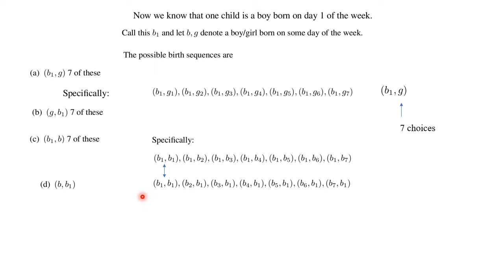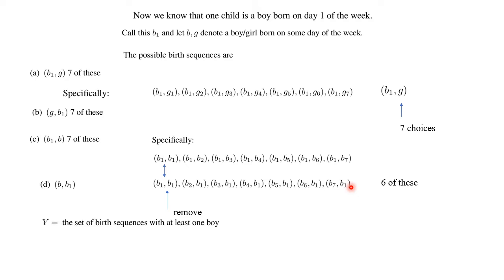Whereas this one says the boy being referred to as born on a Sunday was the second-born, and the firstborn is also a boy and also born on a Sunday. And this birth sequence is represented twice in this whole sequence of 14. So we need to remove this one. It's already been accounted for here. So in fact, there are 7 of these, but only 6 of these that we count.